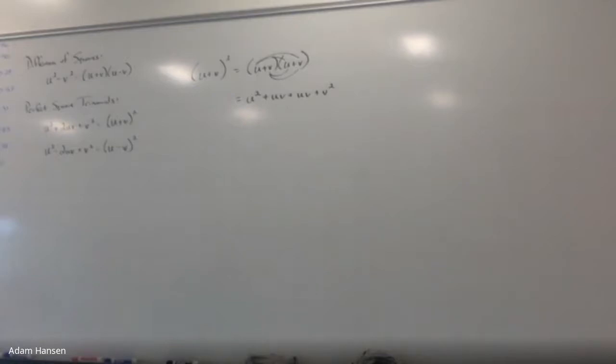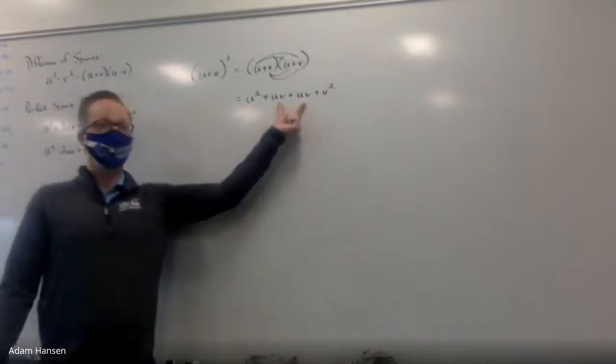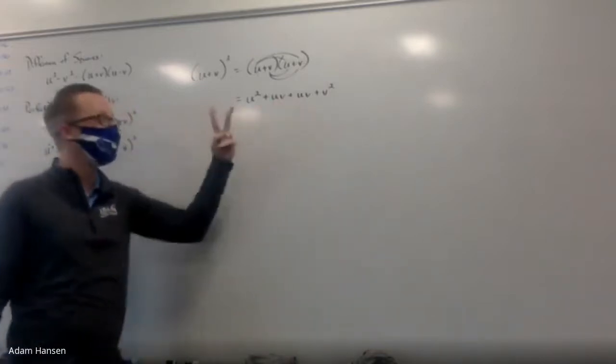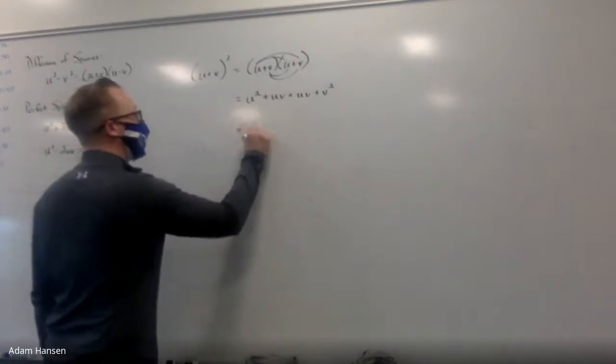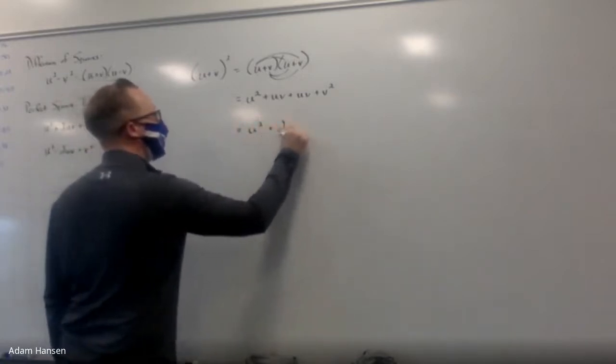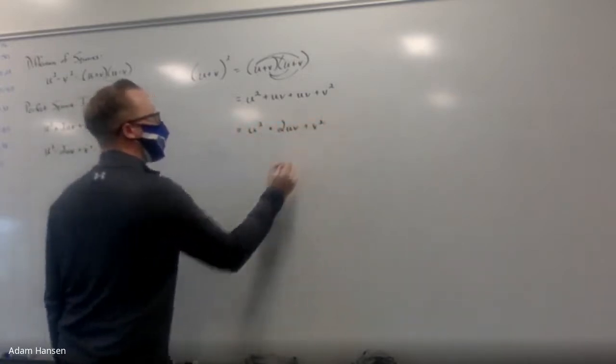What combines? How many UVs are in the middle? 2. So it looks like I've got u squared plus 2 times uv plus v squared.